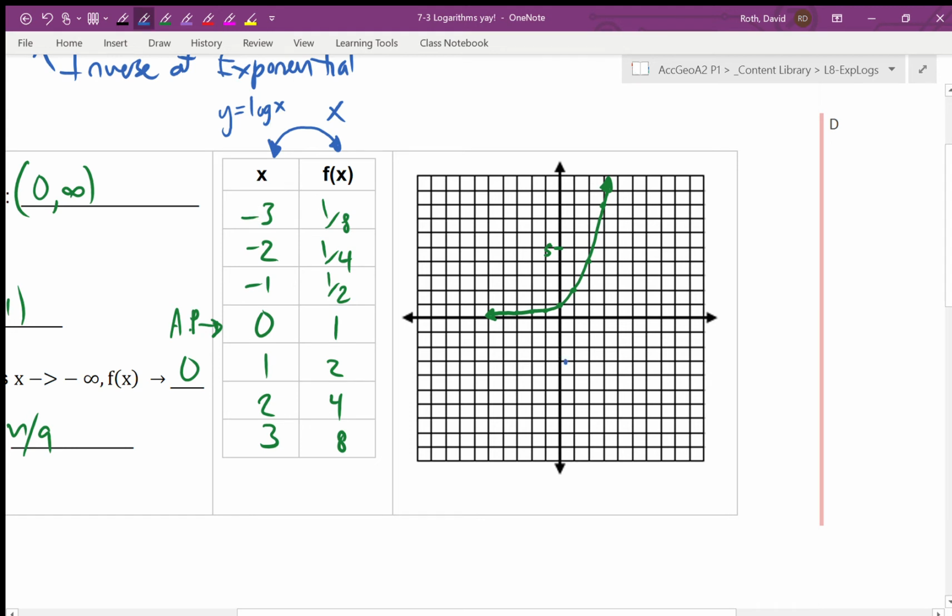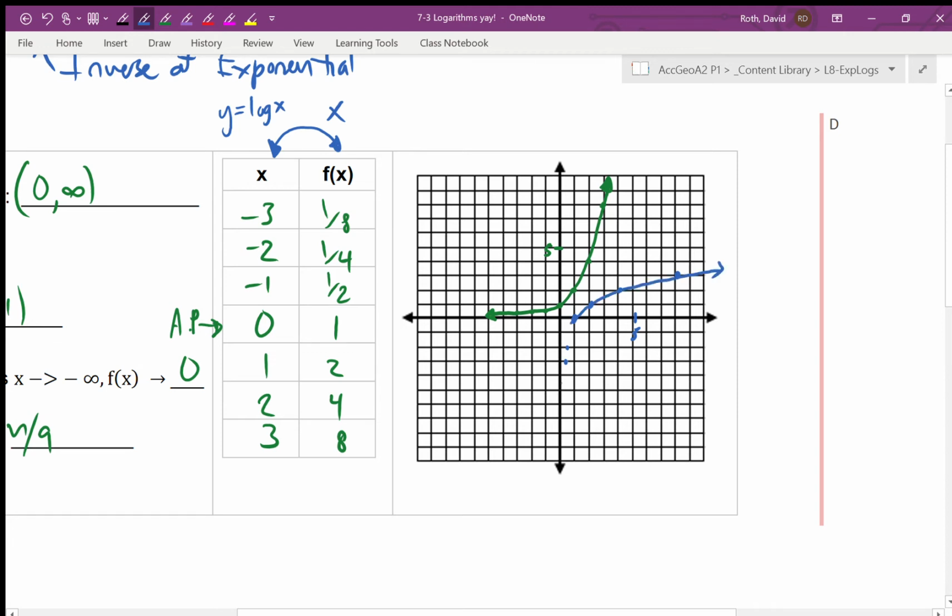If x is 1/4, it's -2, and then 1 and 0, and then 2 and 1, and 4 and 2, and 8 is 3. I can connect these dots.